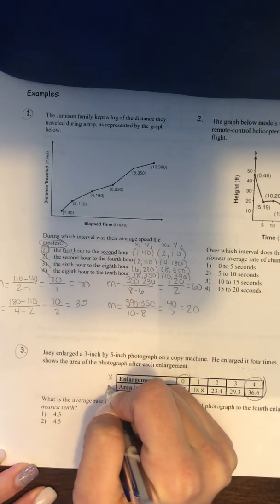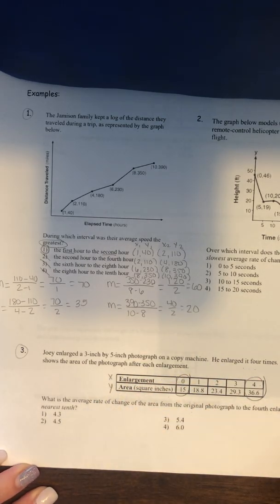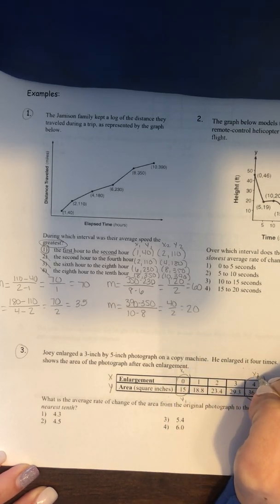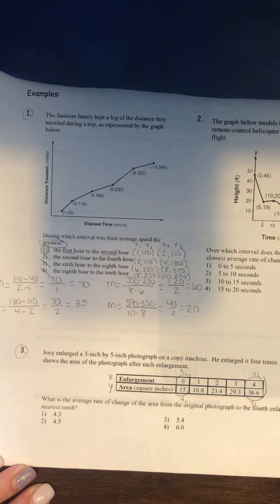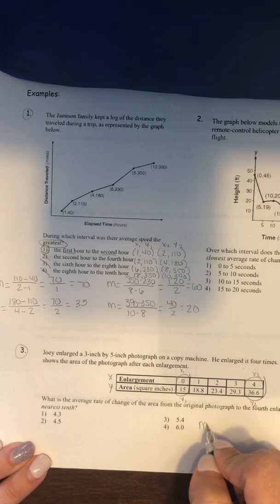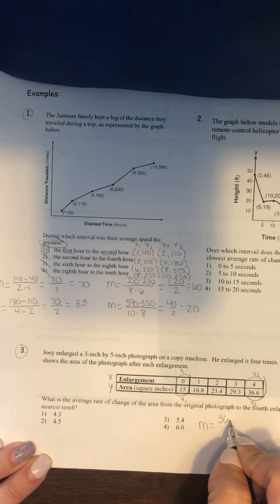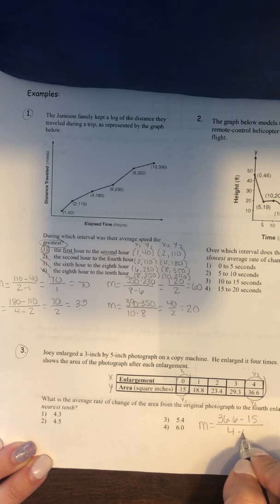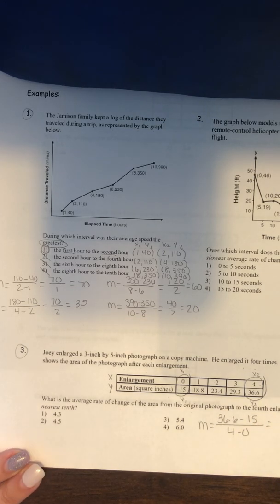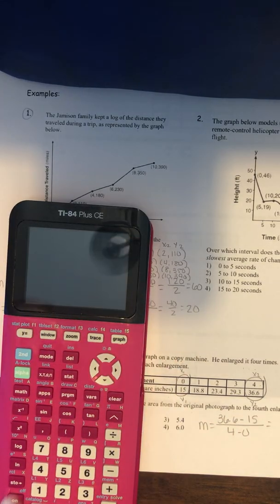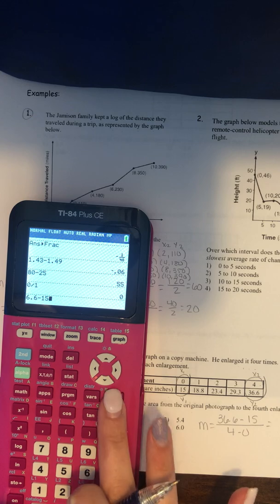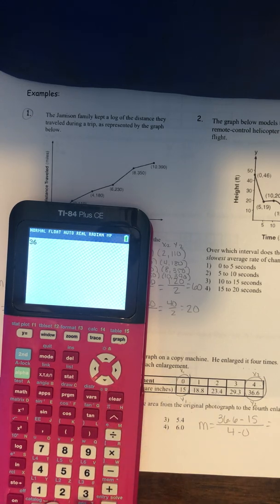Whenever you have a table, the top is always x, the bottom is always y. So x1, y1, x2, y2. So I'm going to fill in my formula. 36.6 minus 15 over 4 minus 0. Definitely use your calculator when you're dealing with decimals. 36.6 minus 15.